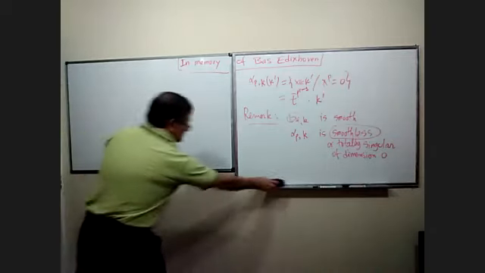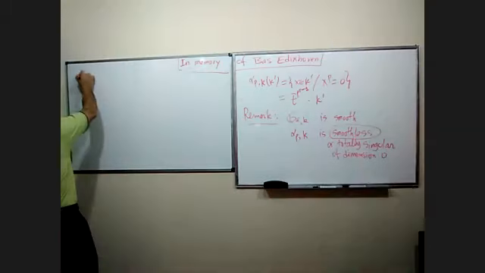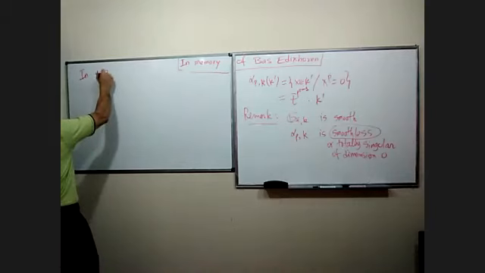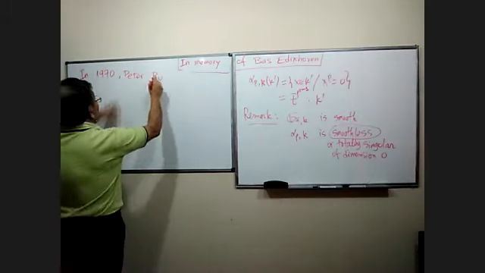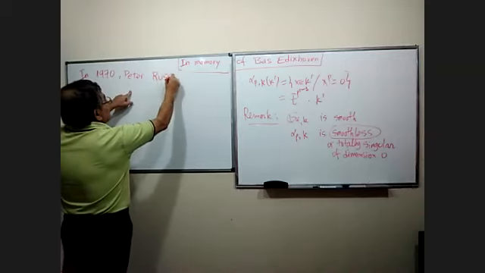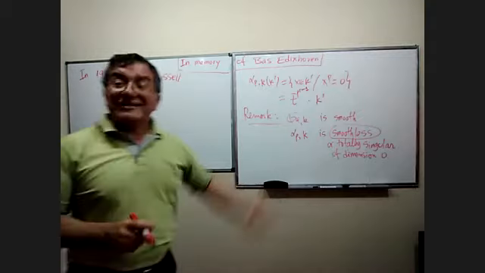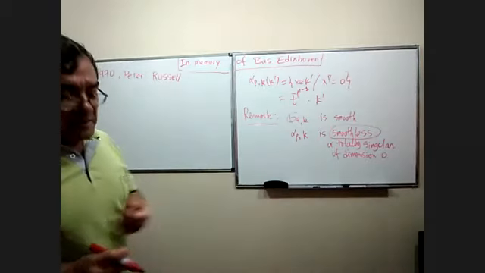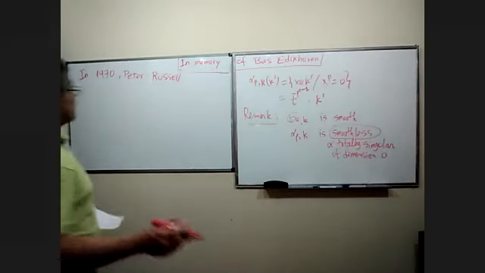Okay. So now we come to talk about Peter Russell. I use both names because Russell is a very common last name in the English-speaking world. It's like Gonzalez, like my last name, which is very common here, and actually in all Spanish-speaking countries.